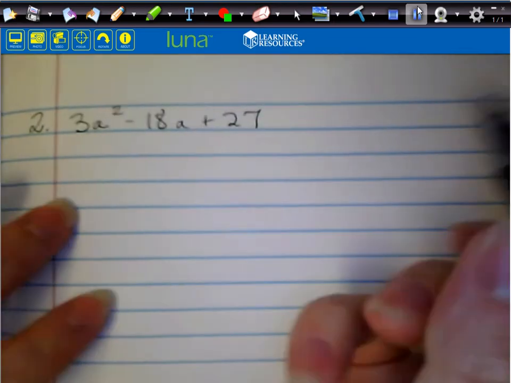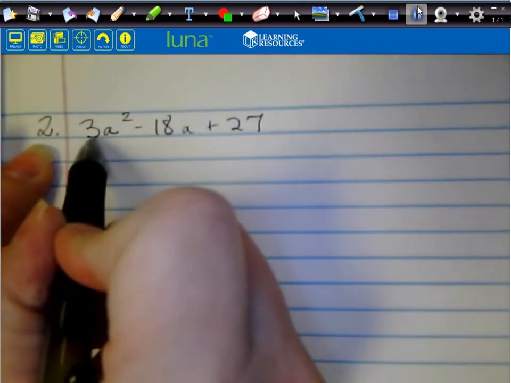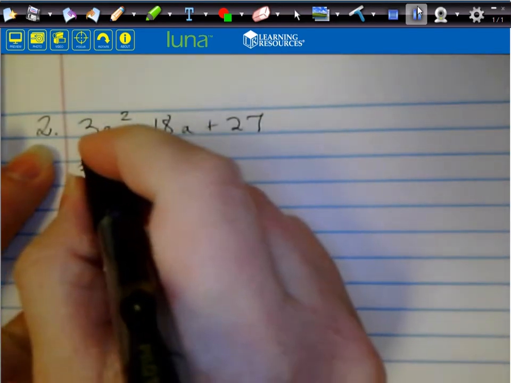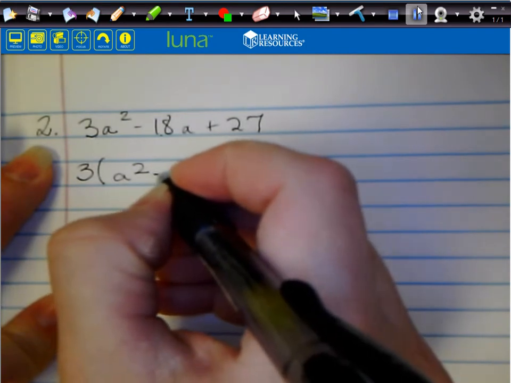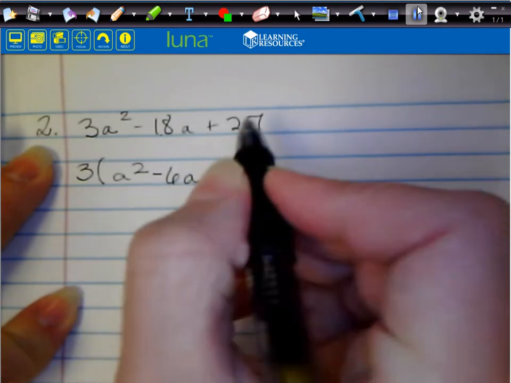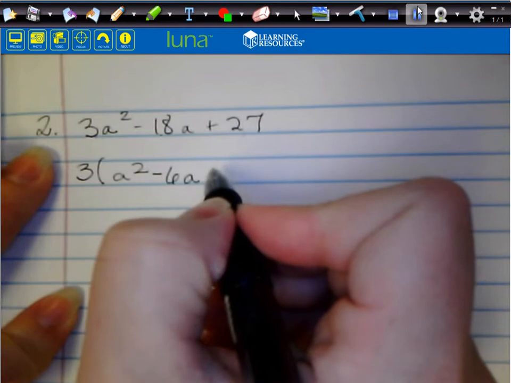So I'm going to write that as 3, open parentheses, and I've divided 3 by 3, which leaves me with a 1a squared, which I can write as 1a. Negative 18 divided by 3 is going to give me negative 6a. And then 27 divided by 3 is going to give me 9.